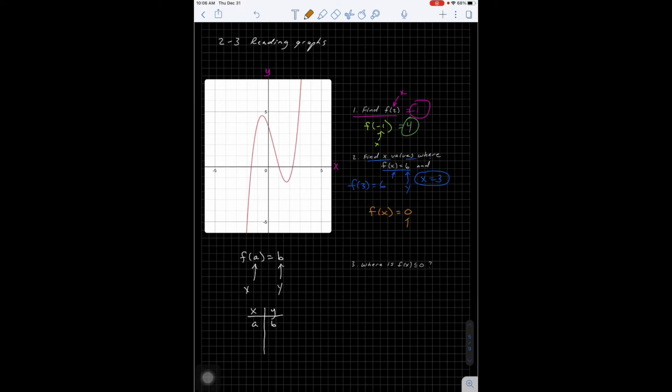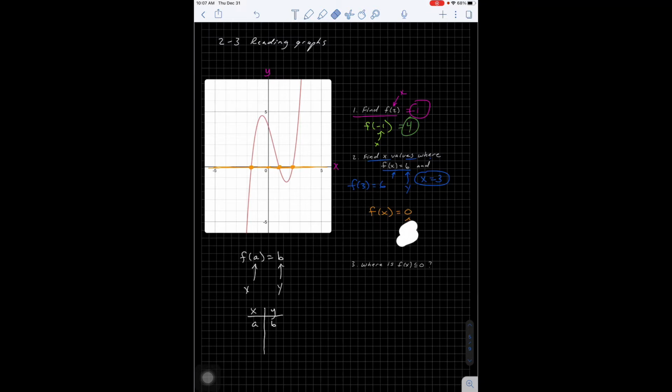Okay, so this is a y value. So I'm finding y equals 0. It's here. And I'm tracing my horizontal line across y equals 0 to say, where does this hit the graph? Well, this actually hits in 3 different places. That can happen. Now I'm going to have to estimate these numbers, okay?